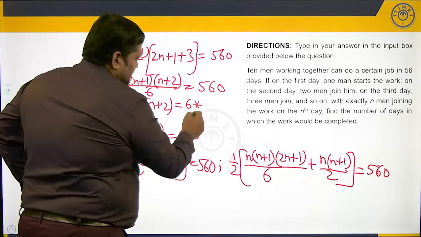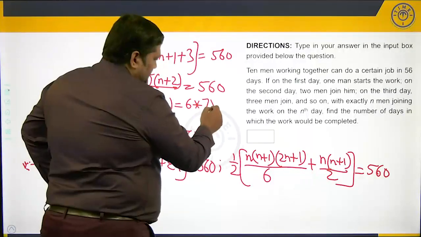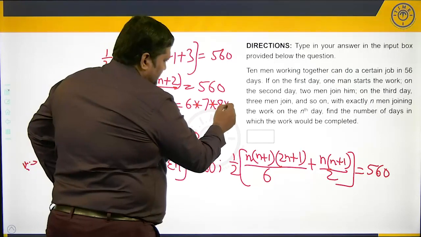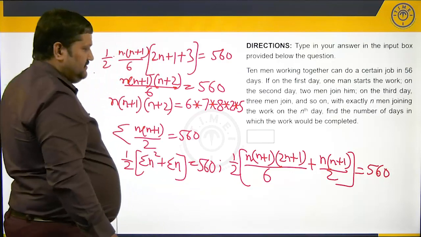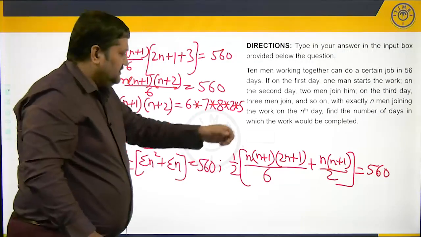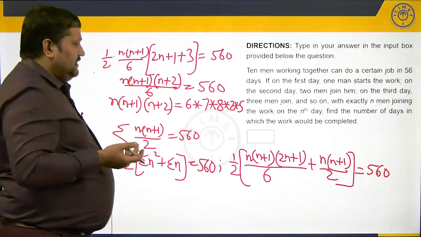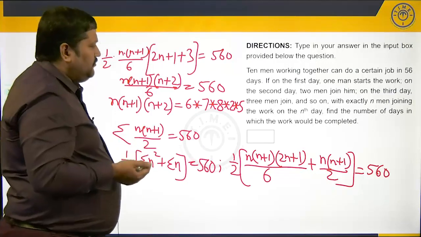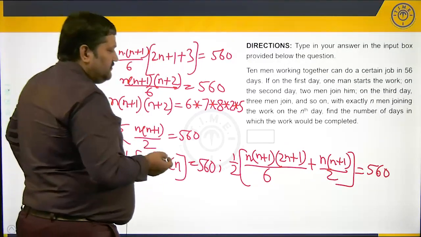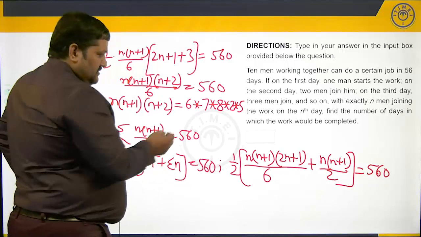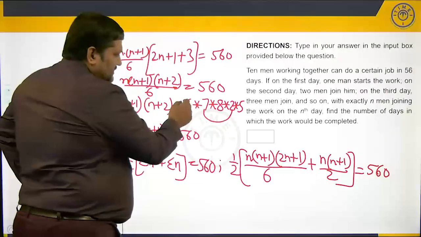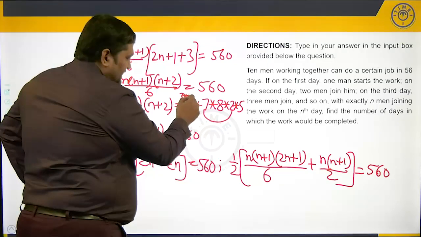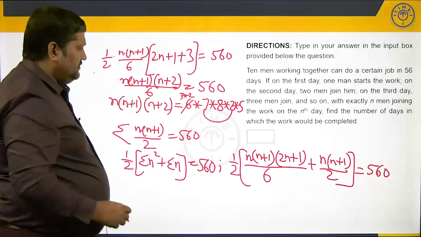6 into 560. What is 560? 7, 8, 10. 7 8s are 56, 56 into 10. 10 can be written as 2 into 5. Now let us see if we can somehow write it as a product of 3 consecutive terms. I can see 7 into 2 is 14. 6 can be replaced with 3 into 2.